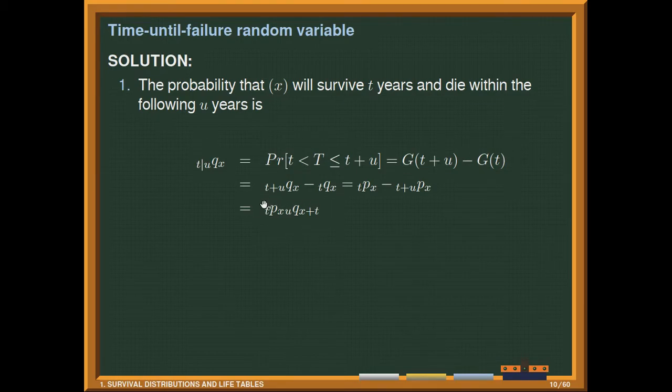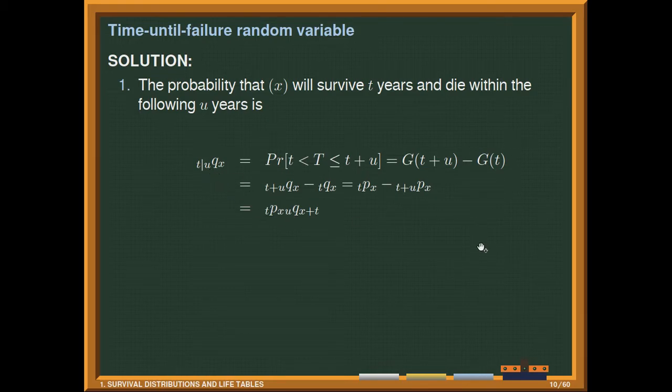This statement gives us the following: the probability that a person age x will survive for t years times the probability that a person age x plus t will die on or before attaining age x plus t plus u.